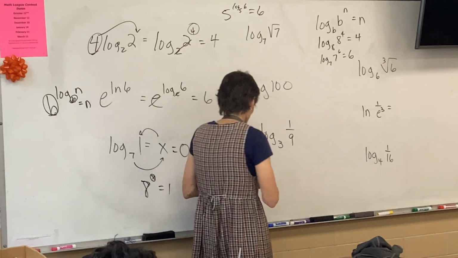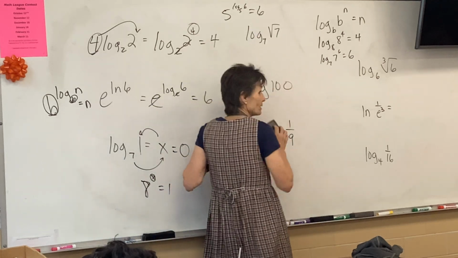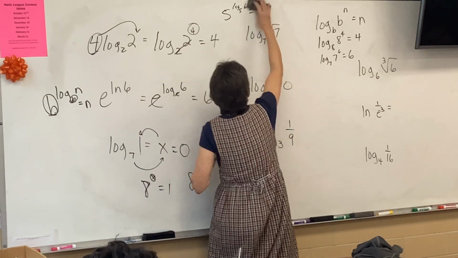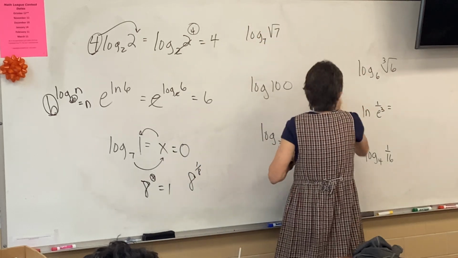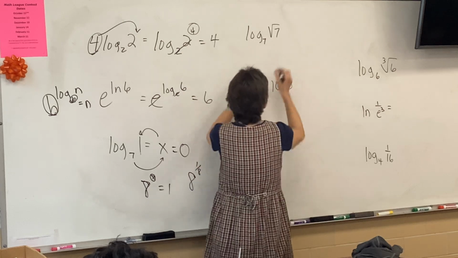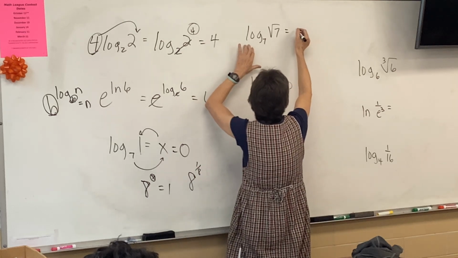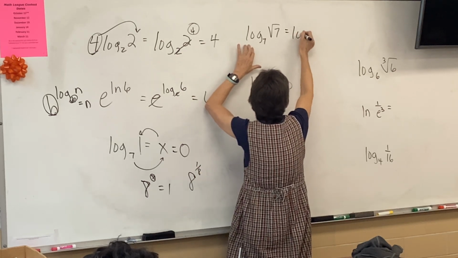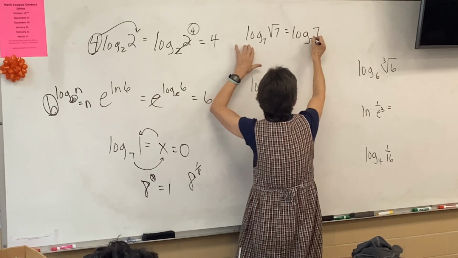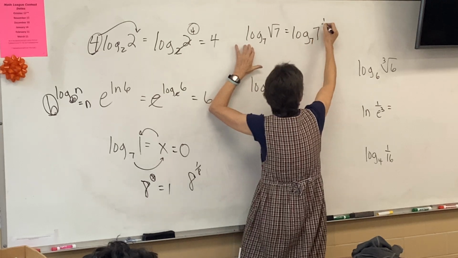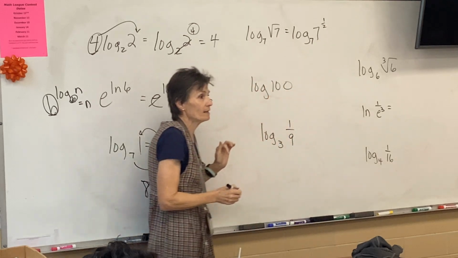All right, let's look at this one. Oh, I heard an answer. 1/2. How did you do that, Dana? I just know it because you put 7 in a root, that's 1/2. Exactly. The square root of 7 is 7 to the 1/2, isn't it?